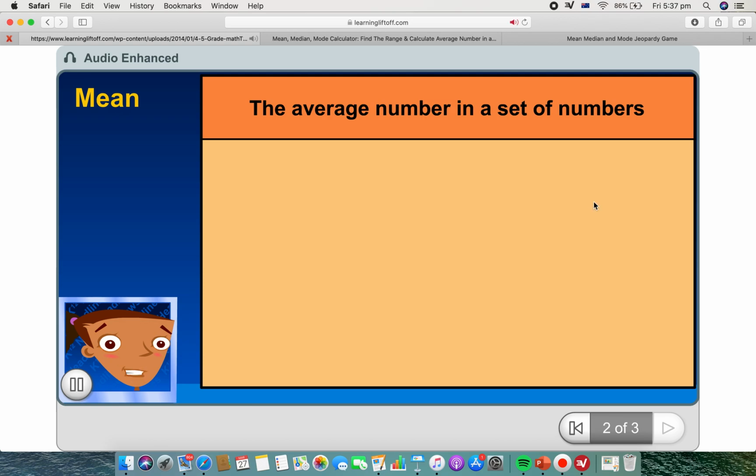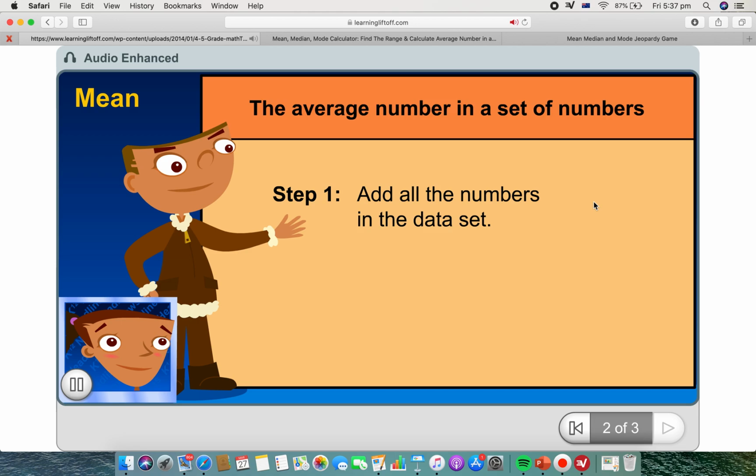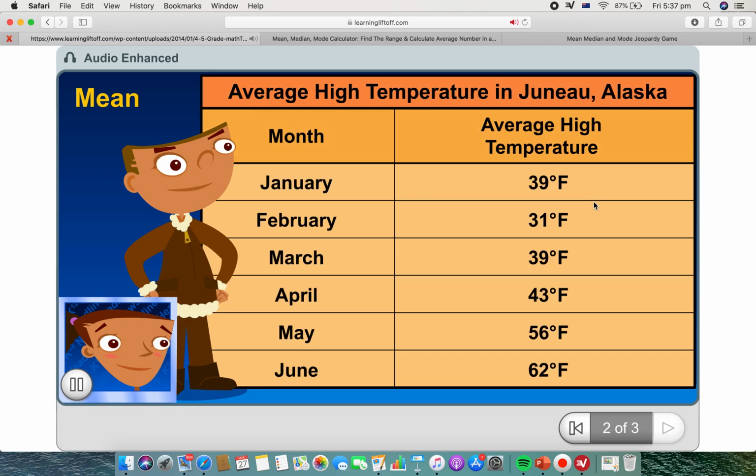Hi! Today, we'll be exploring the mean of a data set. Are you there, Alex? The mean is the average of all the numbers in the data set. To find the mean of a data set, first we need to add all of the numbers in the data set. Then we need to divide the sum by the number of values in the data set. Let me show you.